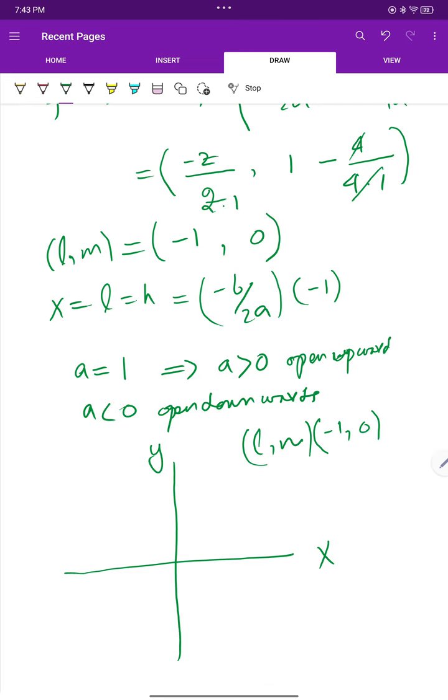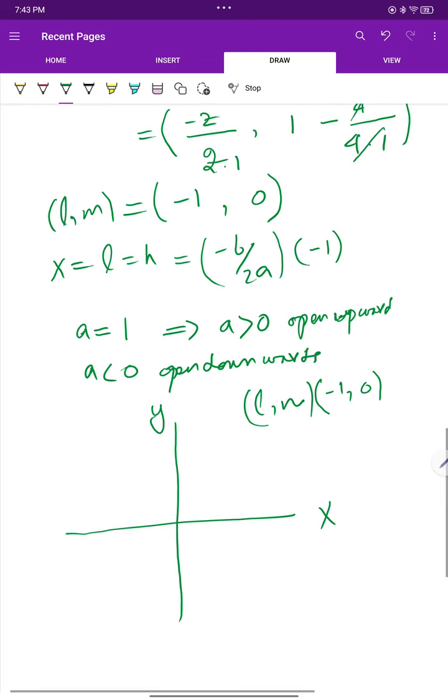-1 and 0, or h and k. So this is x, this is y. So the -1, -2, -3. This is 1, 2, 3. So -1 is here and 0 is here.